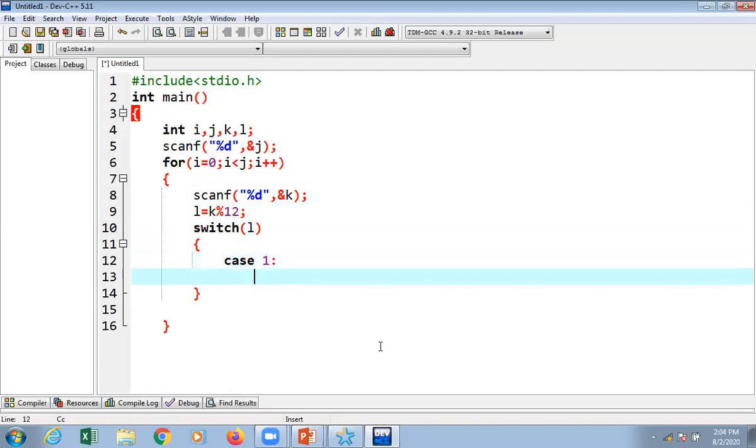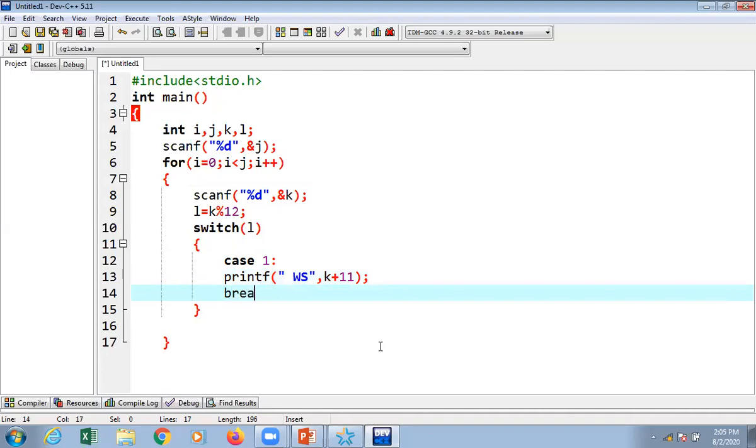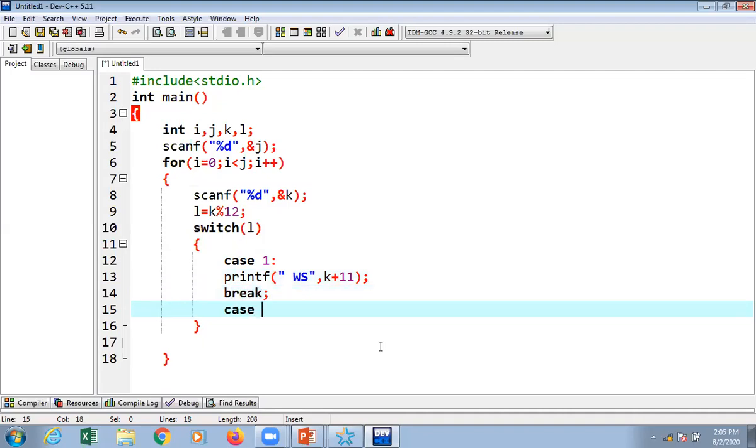The first case will be of the window seat, and we have to print this window seat, and it was given that we have to put a space, and the seat number will be seat number plus 11, and this case is over.